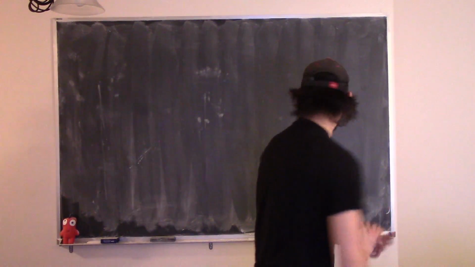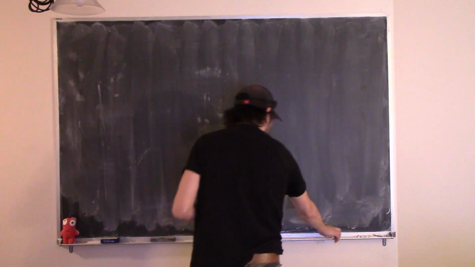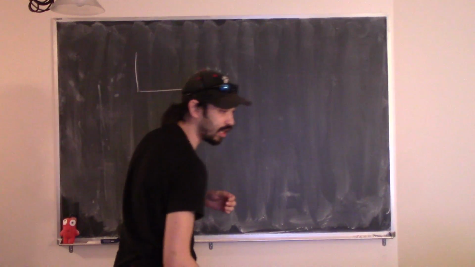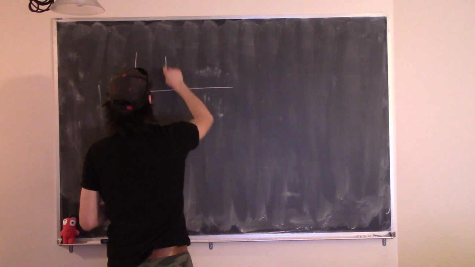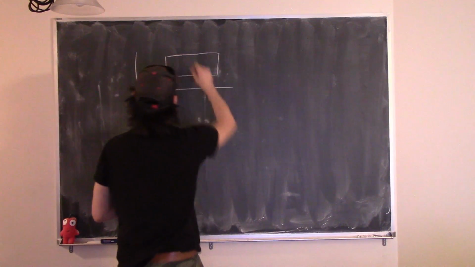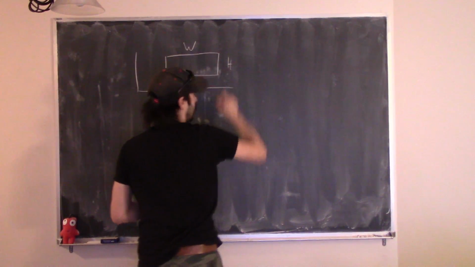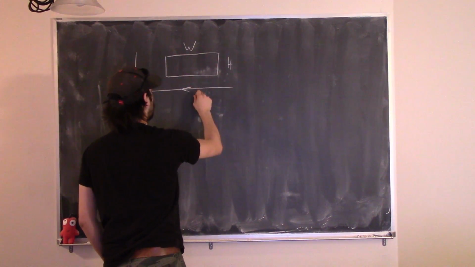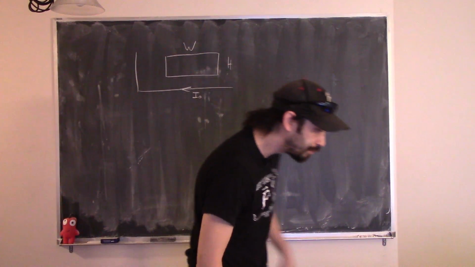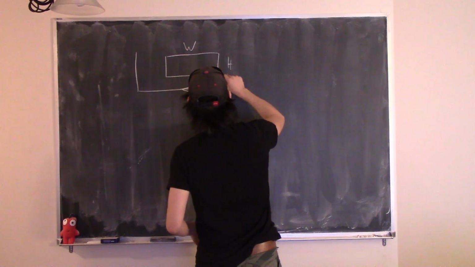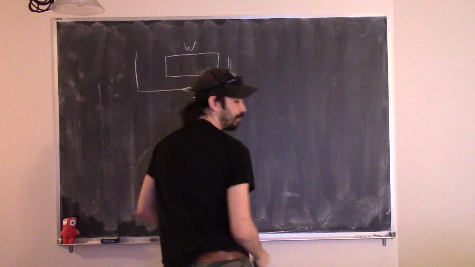So the first question was one that Eric had. You have this type of setup here where you have some rectangular loop of wire that has some width and some height, and there's some current that flows here. This is going to be some I0, and this starts out at some distance d away from here.